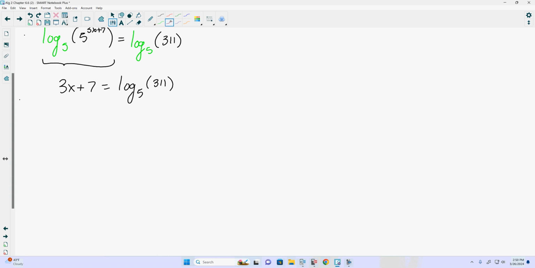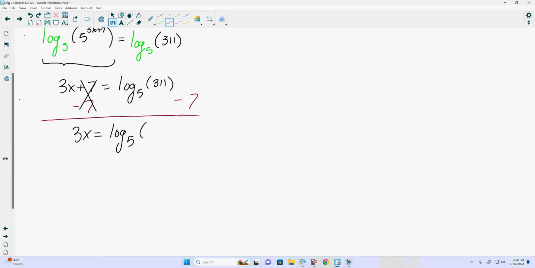Is x by itself? So what do we need to do? Minus 7 from both sides. So our 7 and negative 7 will cancel, telling us 3x is equal to log base 5 of what?